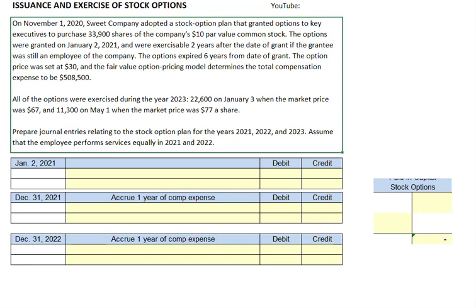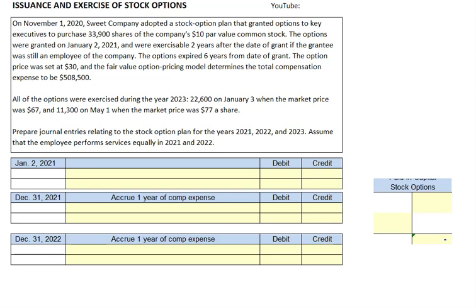The options expire 6 years from the date of the grant, and the option price is set at $30 a share, and a fair value option pricing model has determined that the total compensation expense will be $508,500.